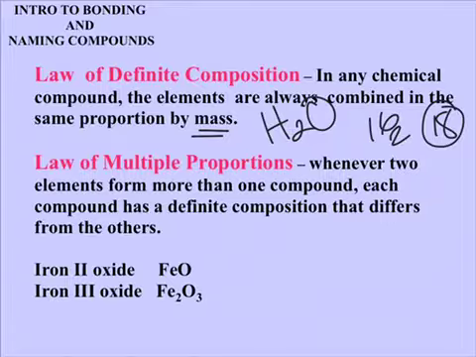And so if that is the case, then any sample of water anywhere is by mass going to have a ratio of 16 per the total of 18 of that mass coming from the oxygen, and a ratio of 2 to 18 coming from the hydrogen.